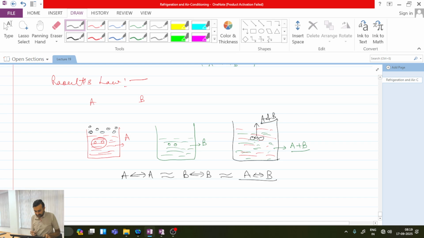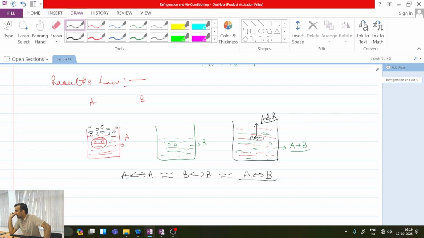And of course, these molecules of A will be applying a certain amount of pressure on this. Is this one clear? Now let us assume that we do not have anything other than A in this container. Then whatever pressure is acting on this liquid will entirely be because of the vapor molecules of substance A only.